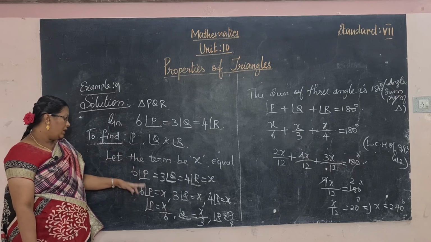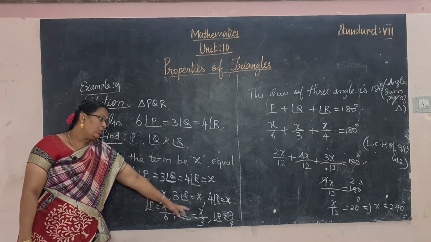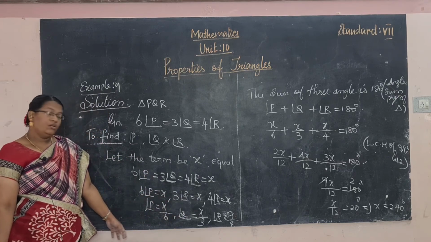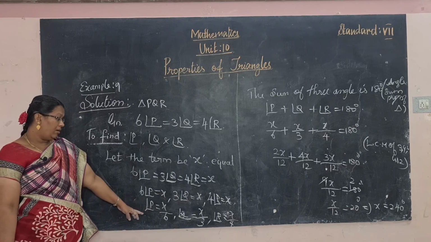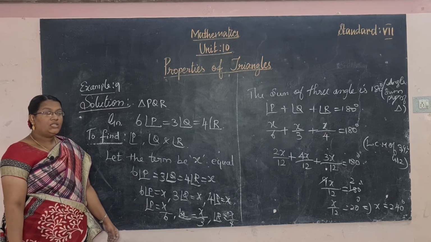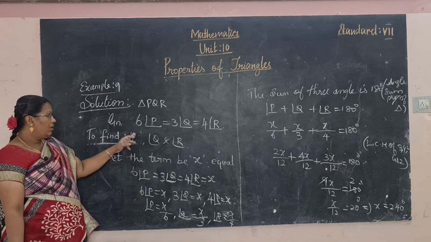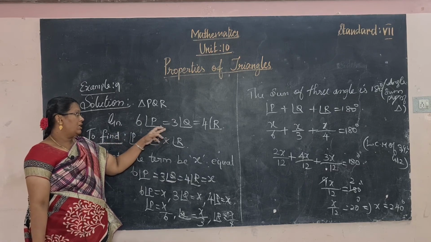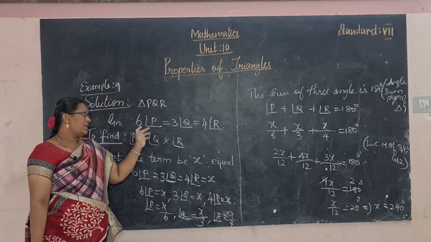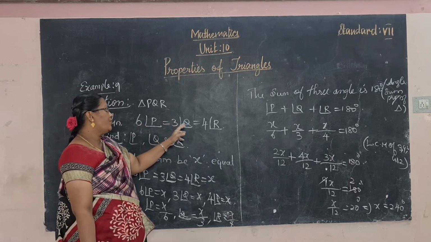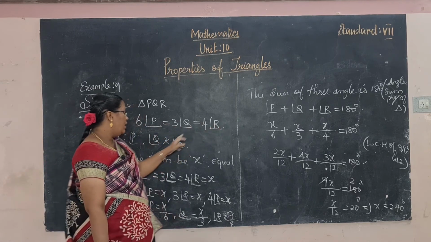Now we find the value of angles P, Q, R. Substitute the values, and we get the answer for each angle. The relation given is that 6 times P, 3 times Q and 4 times R are equal.